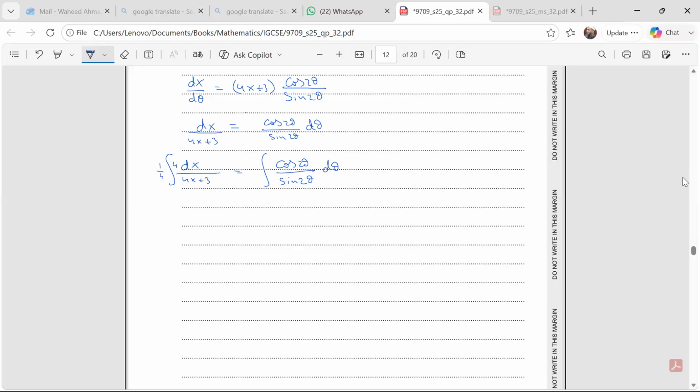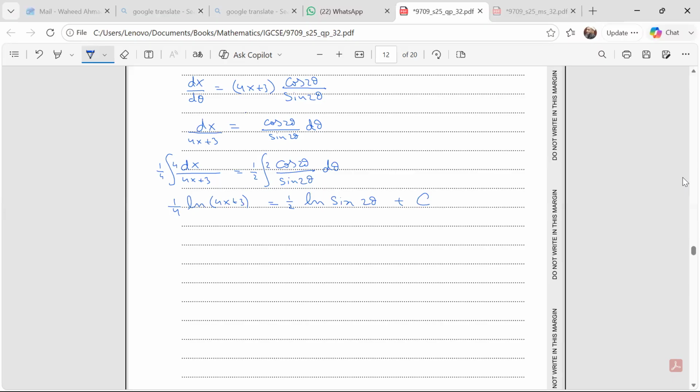Similarly, the derivative of sine 2 theta is cos 2 theta times 2, so I want a 2 here and 1 over 2 outside. Now the derivative of the denominator lies in the numerator, so the answer is 1 by 4 times log of (4x plus 3). Similarly, on the right side I have 1 by 2 times log of sine 2 theta, plus a constant of integration.